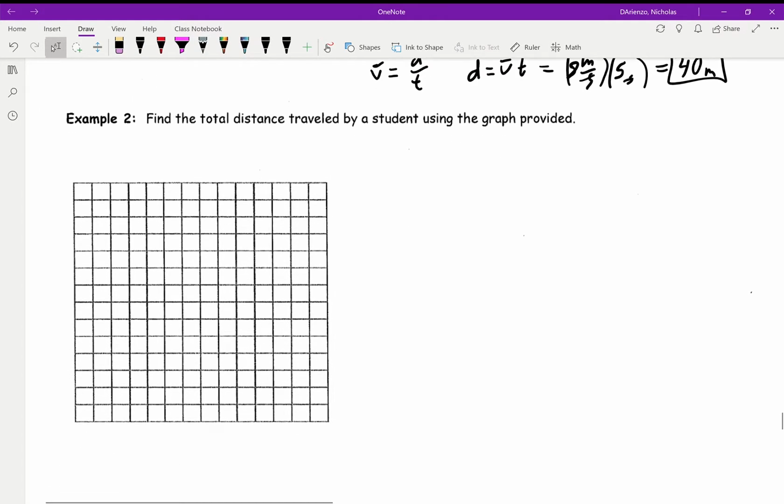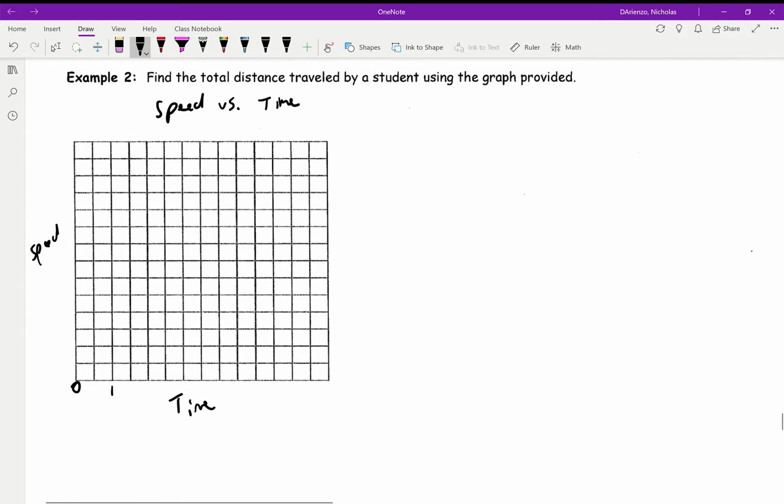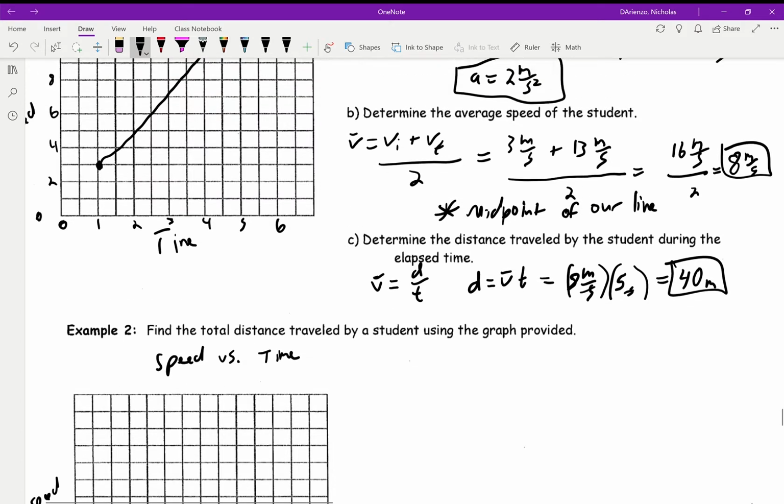Now this is going to be the same graph. I'll show you a little bit of a different way of how to do this. You need to be able to do both. We have speed on the y. We'll set this up the same way. In this one we went by twos, meters per second. Seconds, did I put those up there?